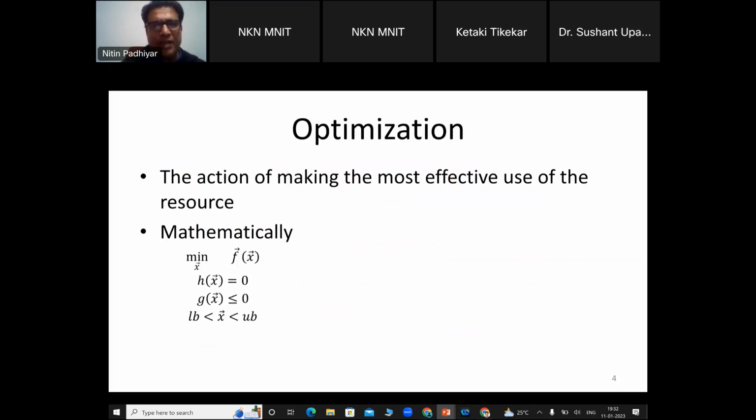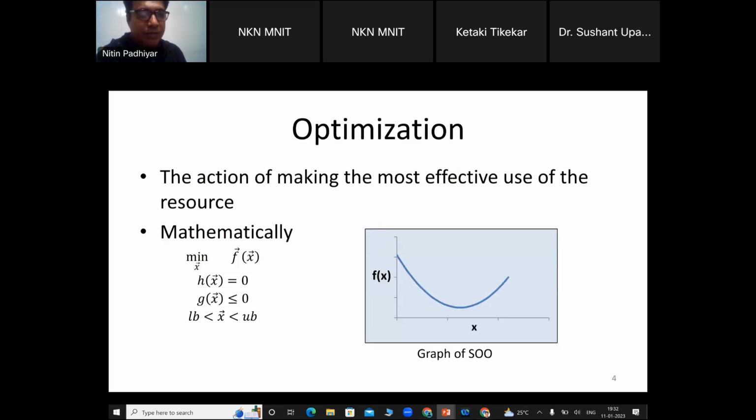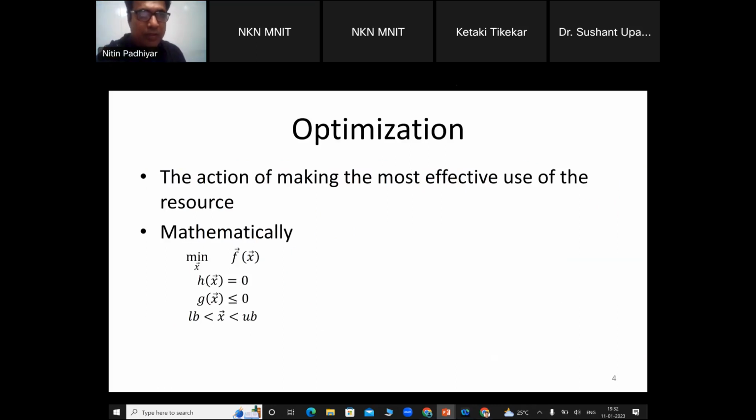Optimization, by now, probably you might be aware that mathematically, if I write it symbolically, how do we write it down?